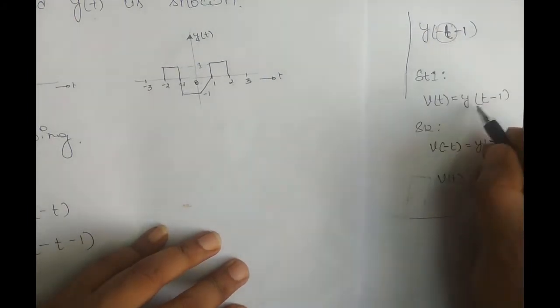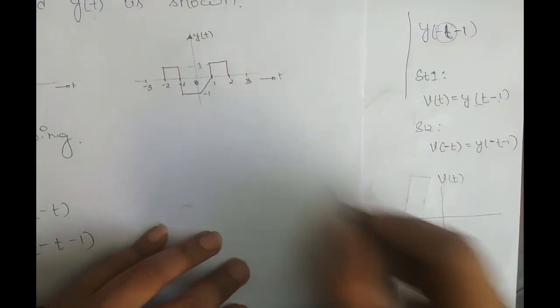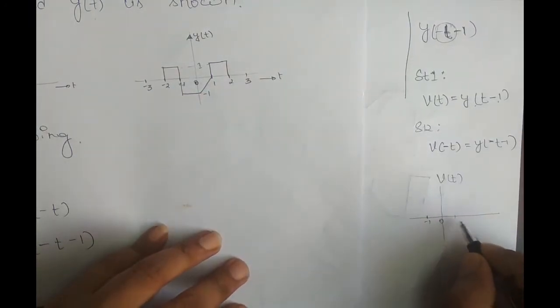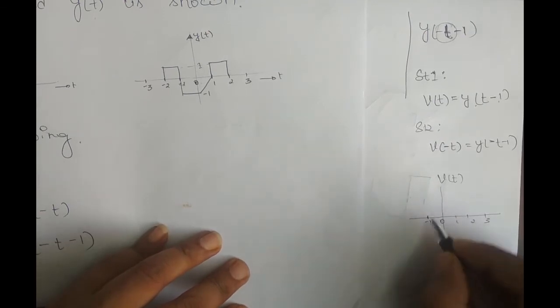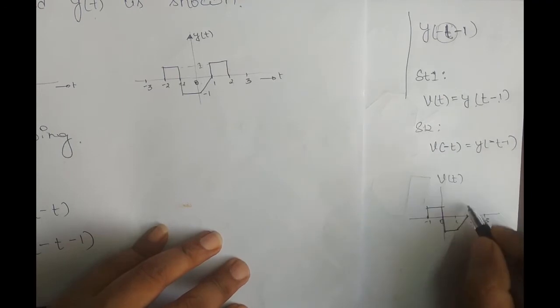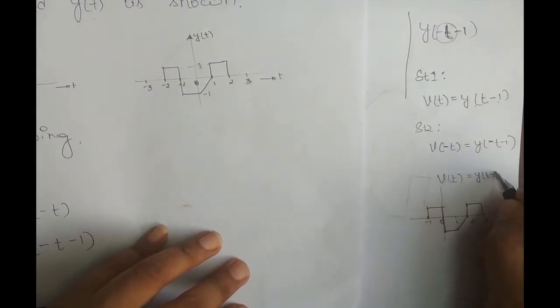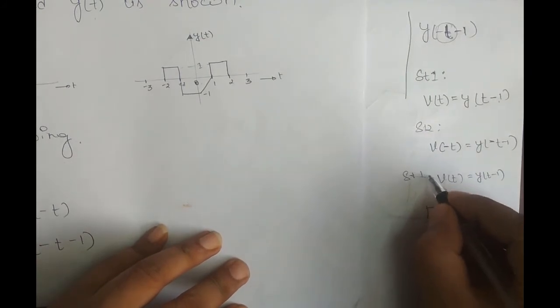V of t is what? Y of t shifted right one time. So since it is starting from minus 2, this will start from minus 1. Okay, so what is this? Y of t minus 1. This is our step 1.